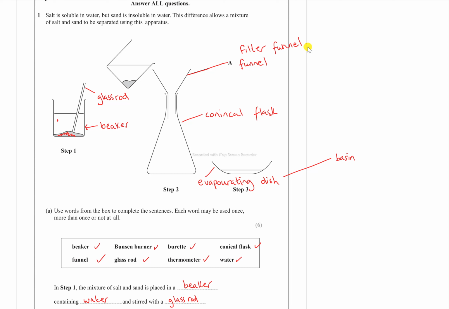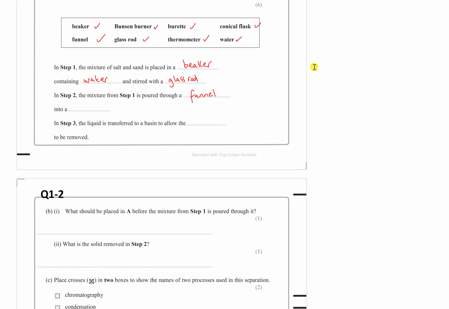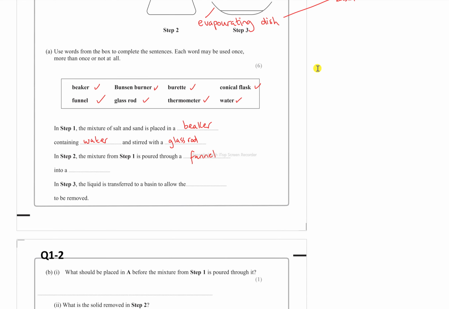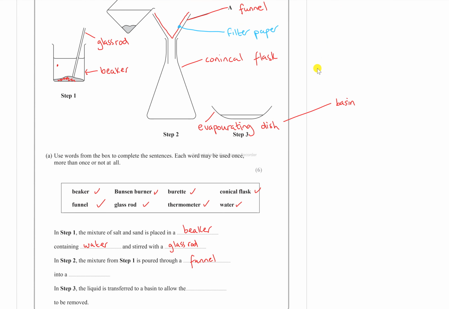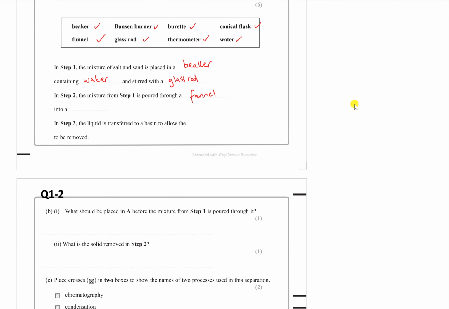And normally you see another set of lines here, and that there is filter paper, but they've not shown it on here, which is fine. Through the funnel into a conical flask. So this weird shaped bit of apparatus is a conical flask.